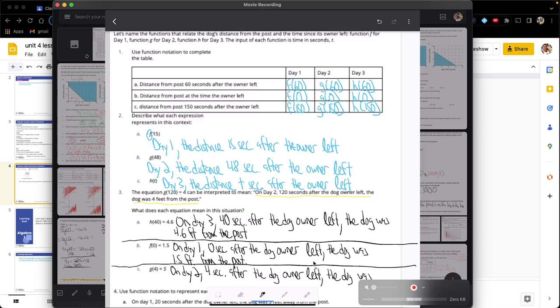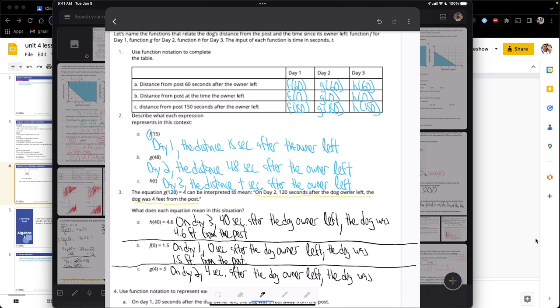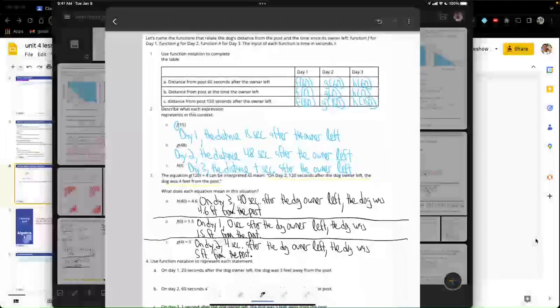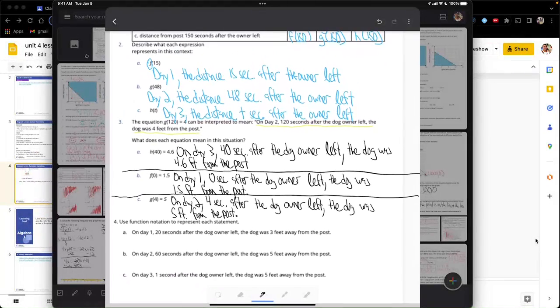So this is telling me that the dog was 5 feet from the post. So on day 2, 4 seconds after the dog owner left, the dog was 5 feet away from the post. So that is number 3.